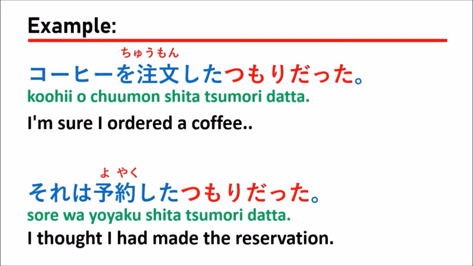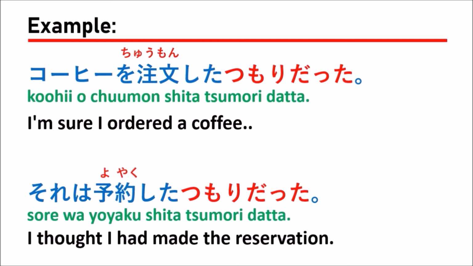And when you use 予約したつもりだった, this means you already made the reservation. But sometimes you go to the hotel and check in, right? Maybe the person at the hotel will ask you whether you have made the reservation or not. So in a situation like this, you can answer back in the Japanese way, 予約したつもりだった, which means you already made the reservation and no problem.